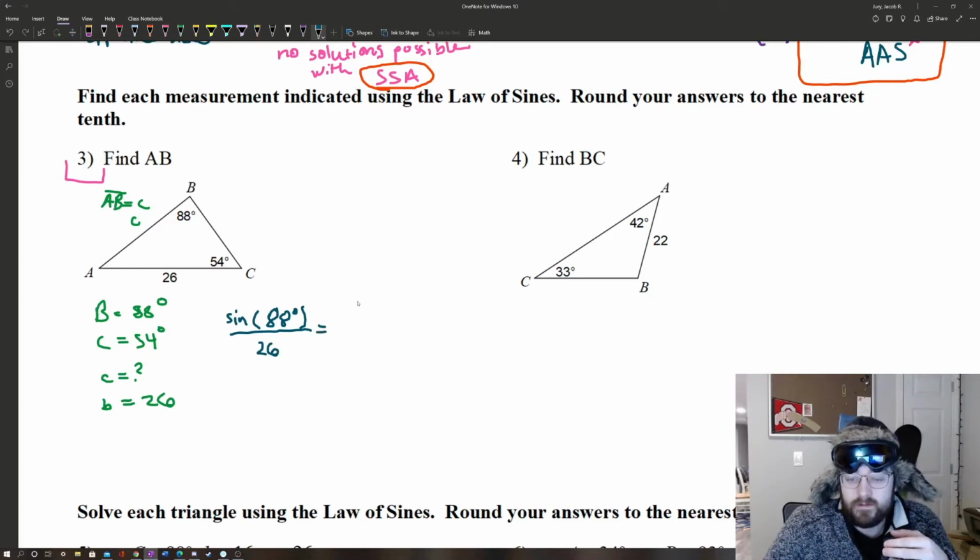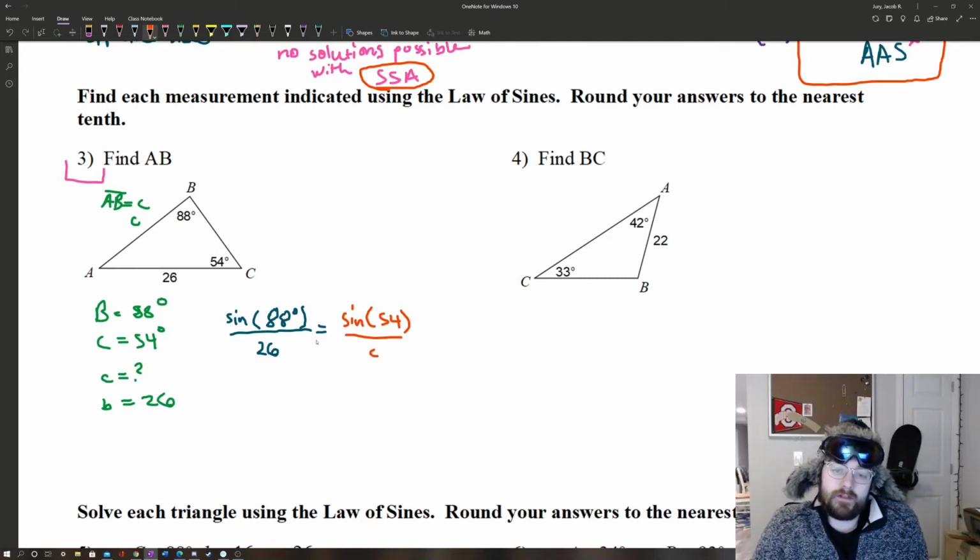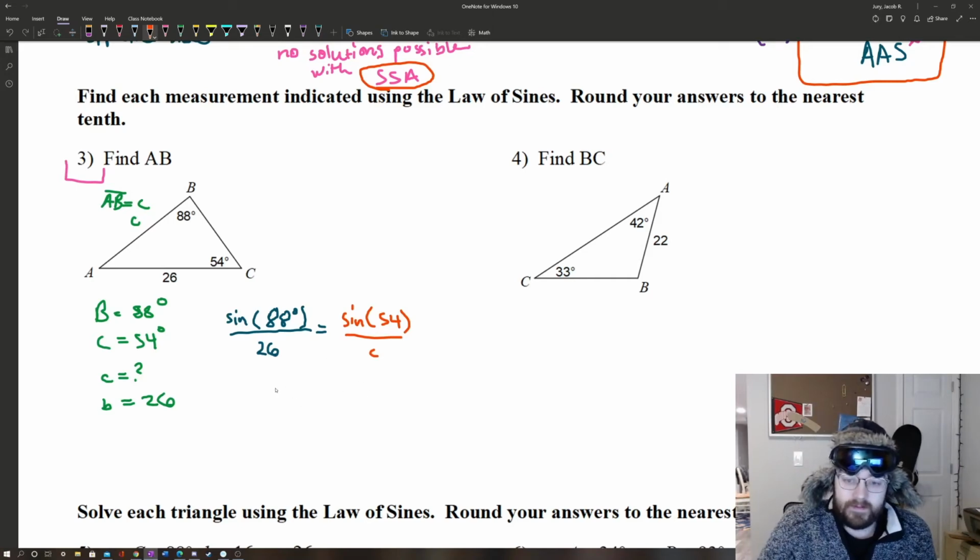And that's equal to sine of 54 over what we don't know, which is C. So we've got to evaluate this left side and do a little cross multiplication to determine what this value is. So I'm going to do that, and then I'll see you on the other side.